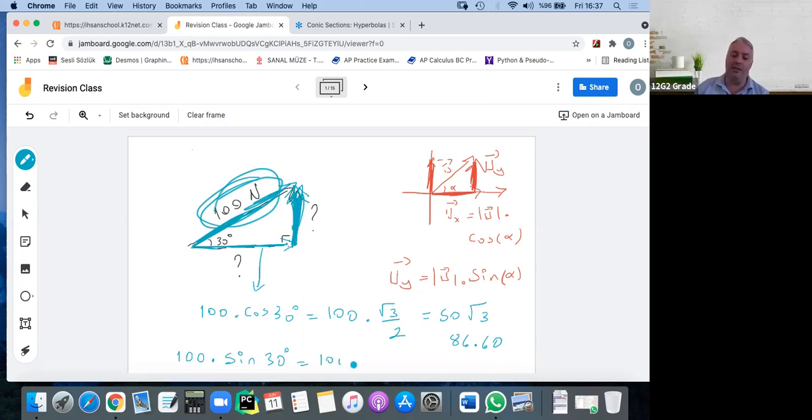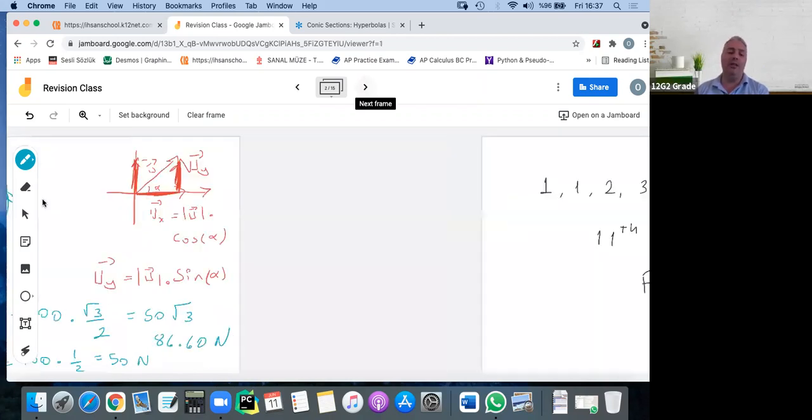So 100 times sine of 30, I know that it is 1/2. So it will be 50 Newton. That's it. So there will be one question similar to this one. You will read the question, and you will use the given magnitude and the angle. In order to find the horizontal magnitude, you will use this vector times cosine of 30, and for the vertical one, vector times sine of 30.